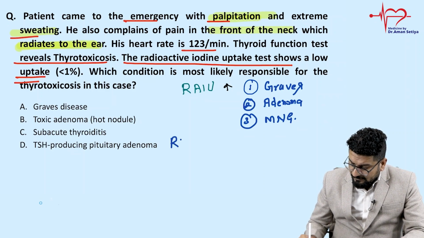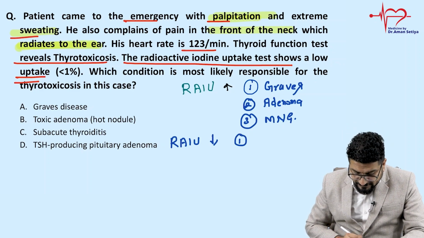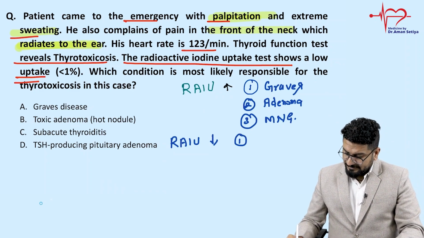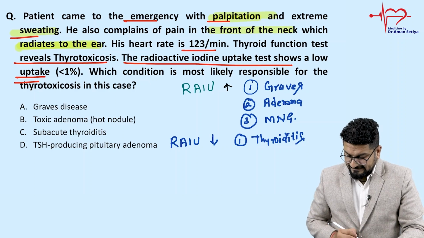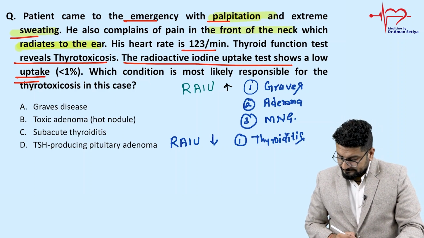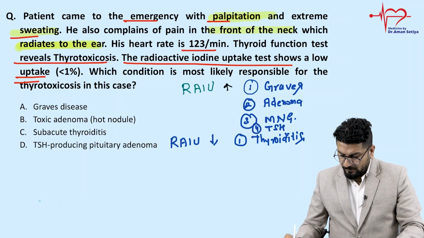This RAIU scan, or radioactive iodine uptake scan, will be decreased in some conditions. Which condition can cause this? Understand this, it can be due to thyroiditis. Now see, a TSH-producing pituitary adenoma is also a condition. There is more TSH.